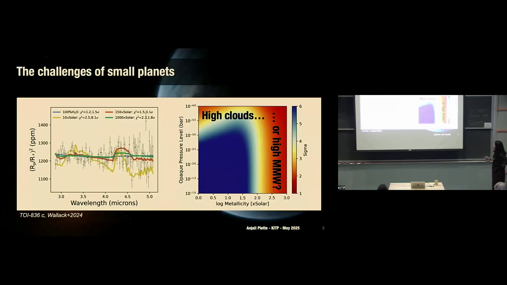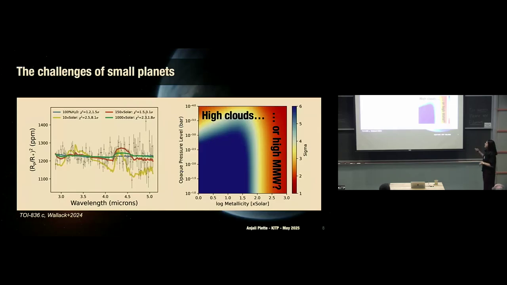So this plot here is the pressure in the atmosphere where clouds or hazes may make it opaque, versus the metallicity of the atmosphere. And this flat spectrum allows you to have either really high up clouds and hazes at less than a millibar, or a really high mean molecular weight corresponding to at least 100 times solar. So you can at least exclude part of the parameter space.